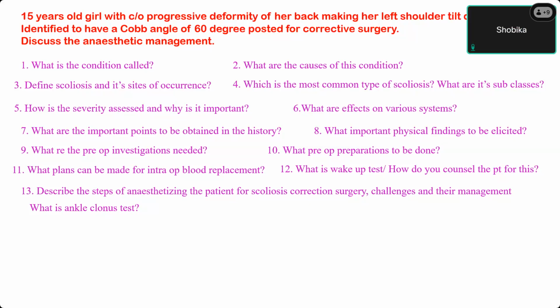I'll make sure the difficult airway cart is ready, sir. Excellent, very good. That's a very important first point. You must check that your difficult airway cart is well equipped and functionally ready. Then what are the other things you should keep ready?